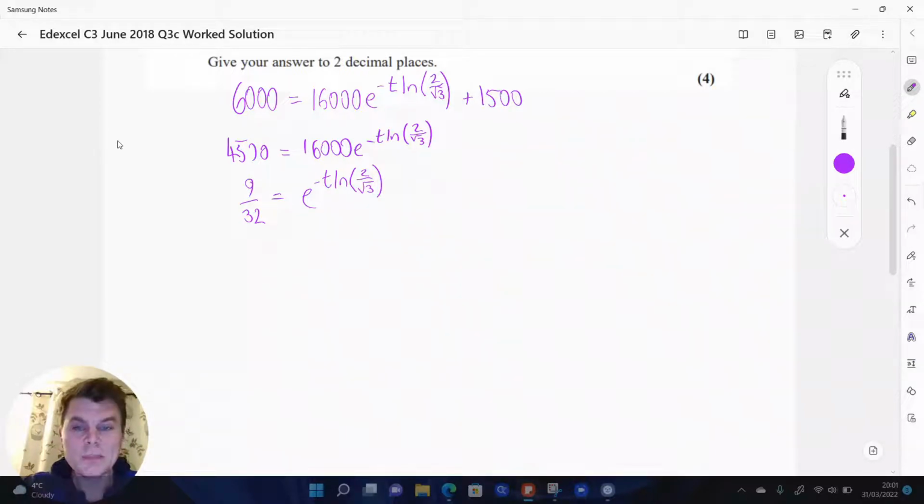Right, we need to do a little bit of manipulation, because the e to the ln will effectively cancel out, leaving just the power left as the term that we're going to work with. But before we do that, we're going to use the laws of logs and bring the minus t up as a power of 2 over root 3. Nothing changes on the left-hand side.